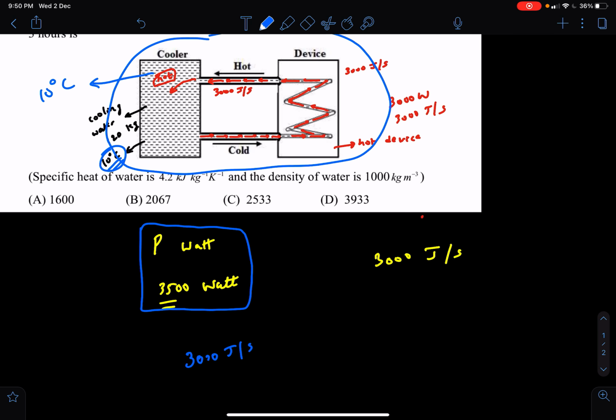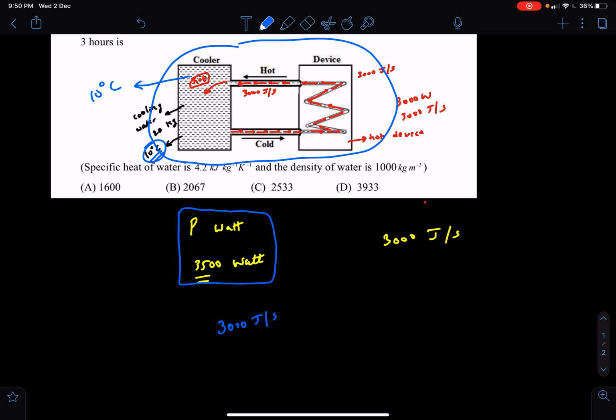Why? Because how much is the water gaining per unit time from the device when it goes into the device and picks up heat? From the device, it takes up 3000 joule per second. But how much does it lose to the cooler when it comes to the cooler after passing through the device?